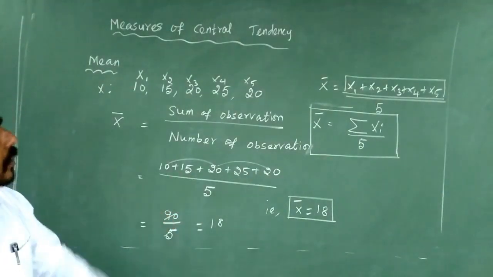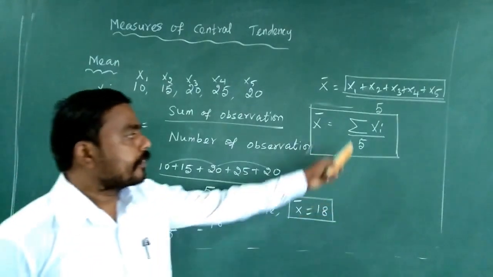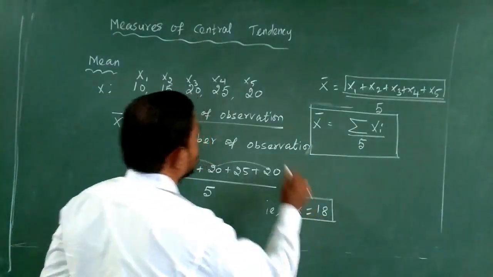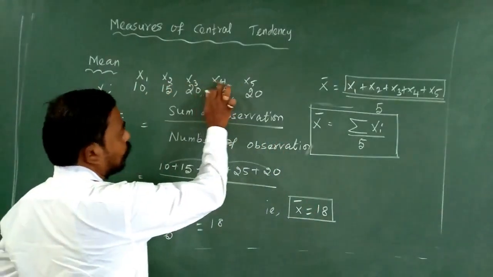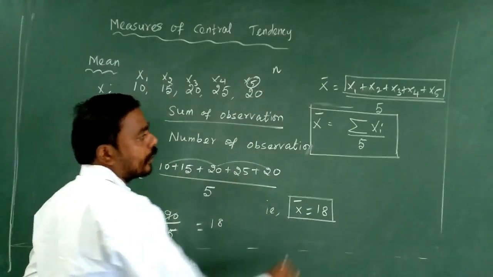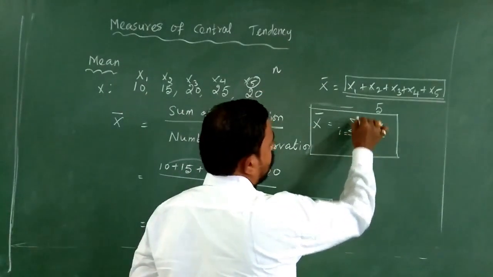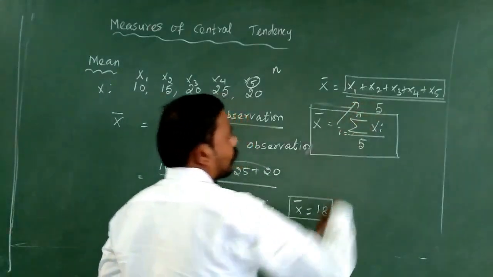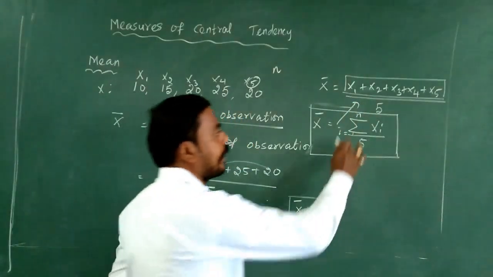So mean is the sum of observations divided by the number of observations. Here there are 1, 2, 3, 4, 5 values. This 5 is called small n, the number of data. That's why i equals 1 to small n. This is the meaning: 1 to n, where here n indicates 5.